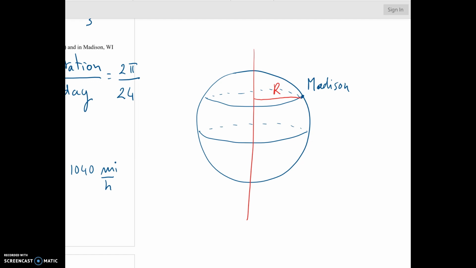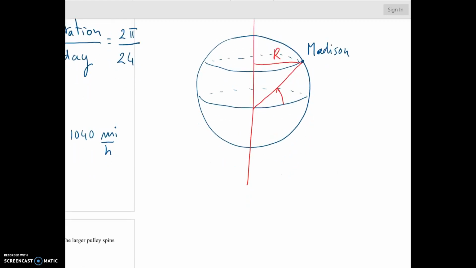I'm still going to use the red one. So I must define this angle right here, and I know this angle. I know that Madison is 43 degrees 05 minutes north. So the complementary angle is 90 degrees.